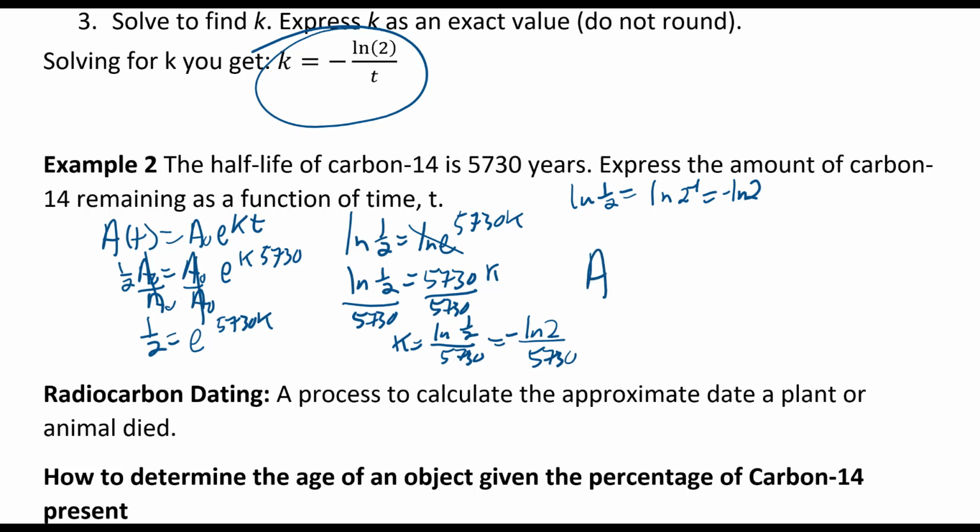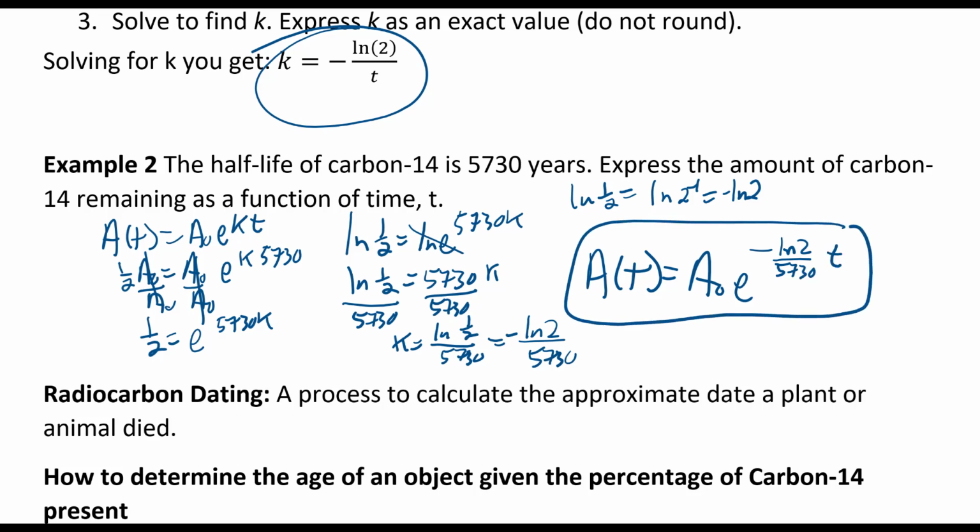The amount at time t is going to be the initial amount times e to the negative natural log of 2 over 5,730, times t. And this is our expression, our equation.